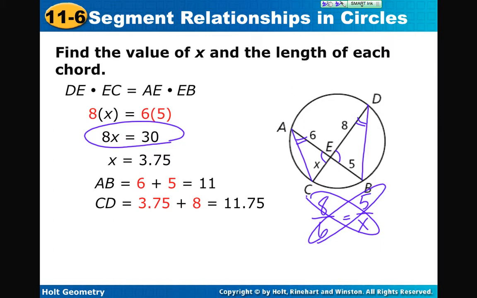That will do the same thing, because that would give you the same cross products, so it's going to give you the same answer. This one doesn't really follow a theorem that I'm aware of, because you're putting a ratio of those two sides. But back in that chapter, there were students doing that kind of thing. So it works, it just doesn't follow a theorem if you were trying to support it.